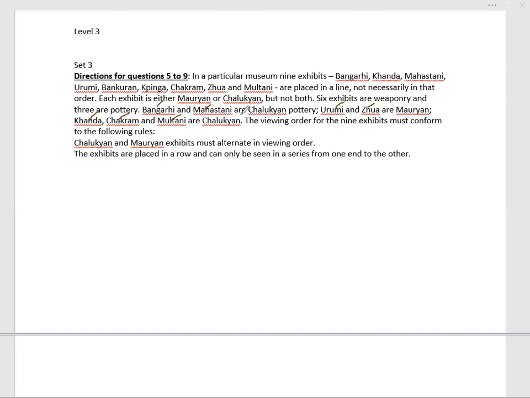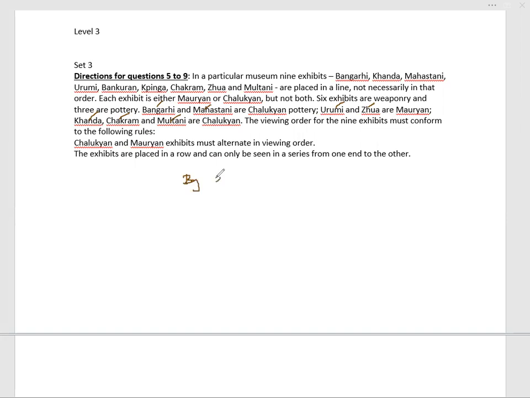So out of which these 2 are pottery. So these 3 are weaponry. These 2 pottery, weaponry we don't know. Order also we don't know. Okay. So nothing much we can represent. Okay, let me write at least what I have.